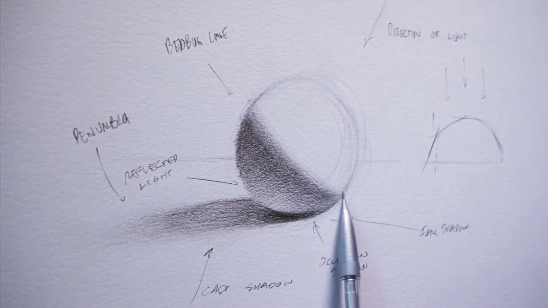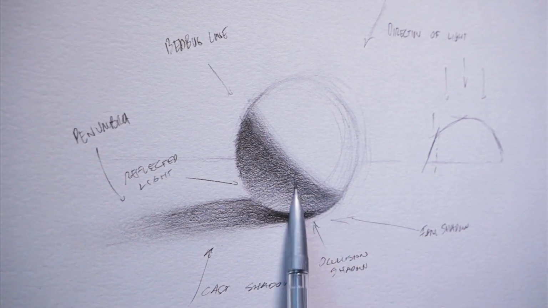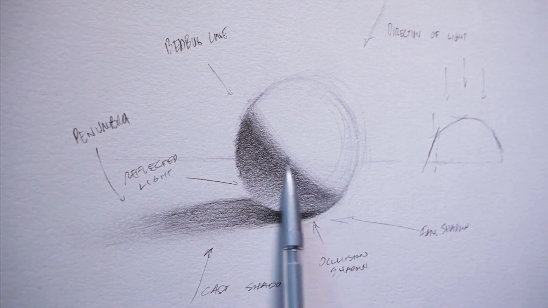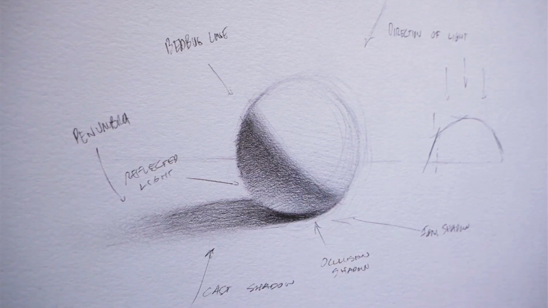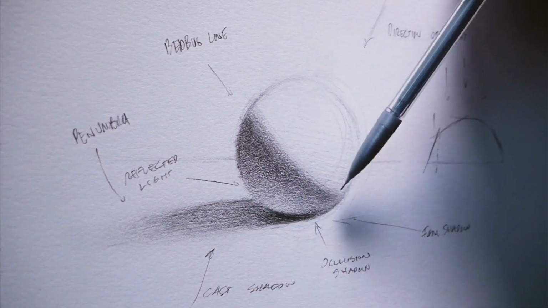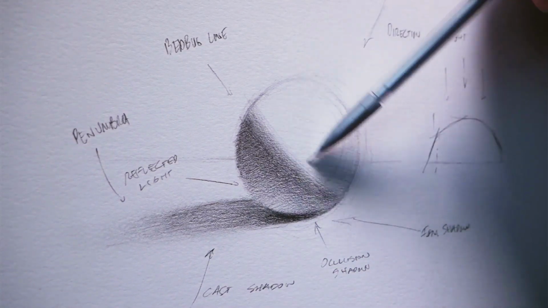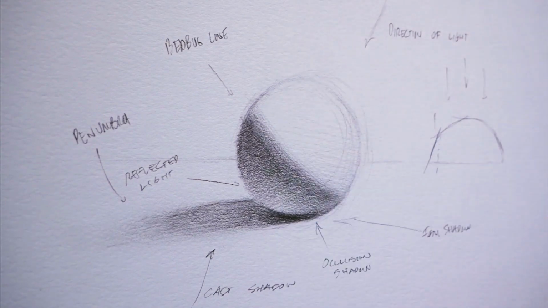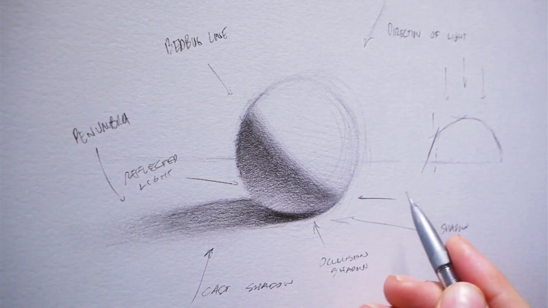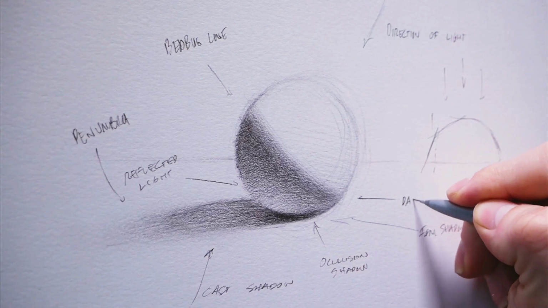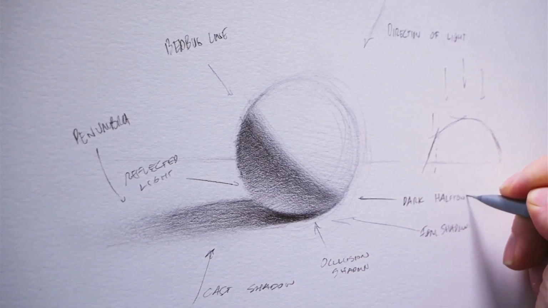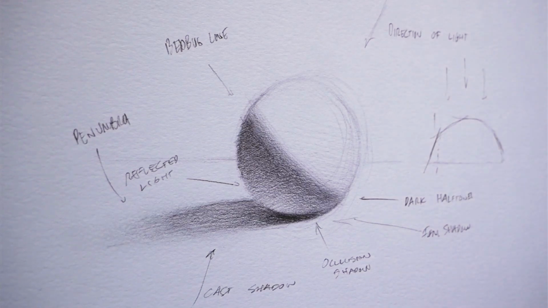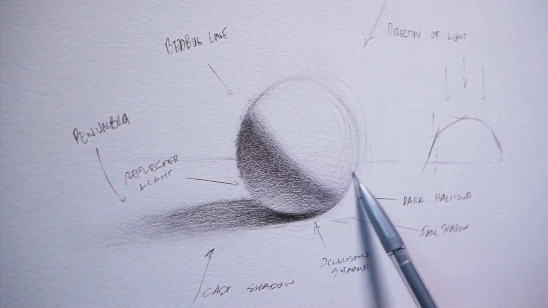So we've also got a little bit of a fall of light, just generally down the sphere. And these are more mid halftones, and we're nearly there with all the stuff that we need to put in. Well, actually, I should probably put a little note that that's our dark halftones. So there's our dark halftones, and we've got these mid halftones coming in.